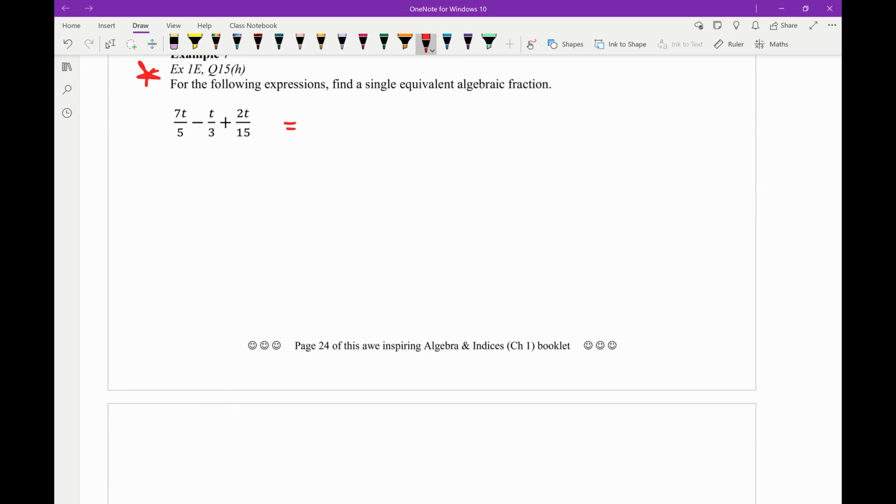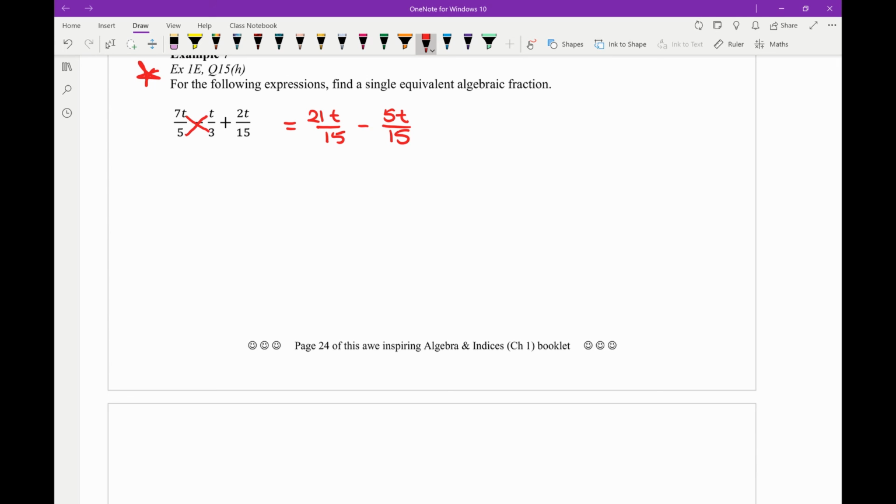So 3 times 5 is going to be 15. Now multiply diagonally. 7t times 3, that's 21t. And 5 times t, that's 5t.